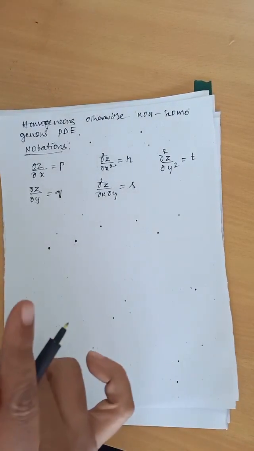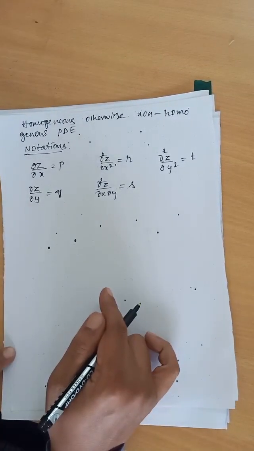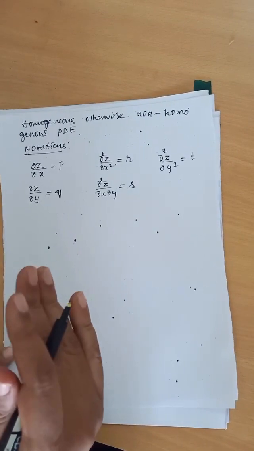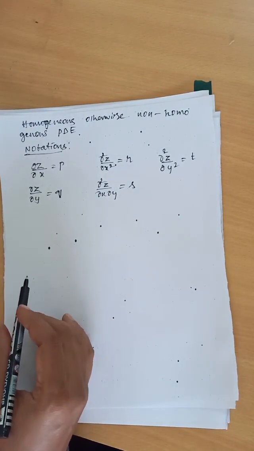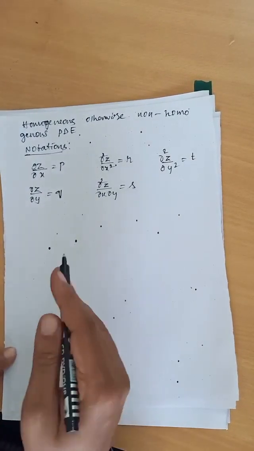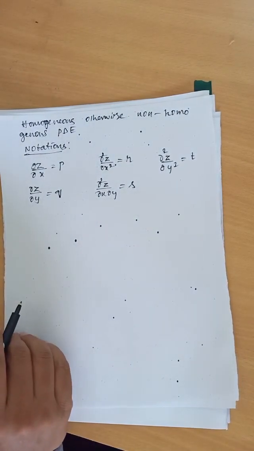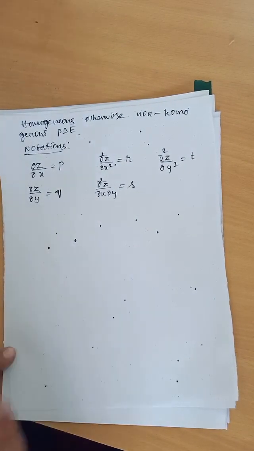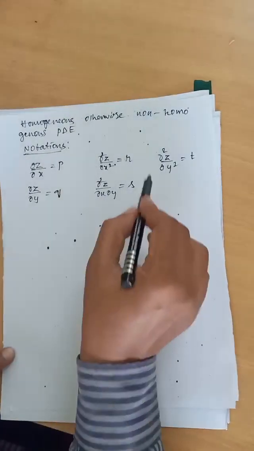Arbitrary function means something like f of, where f denotes a function, while constants are like a, b, 1, 2. Given an equation involving arbitrary constants, we eliminate the arbitrary constants to construct the PDE. Elimination is the technique, using these useful notations.